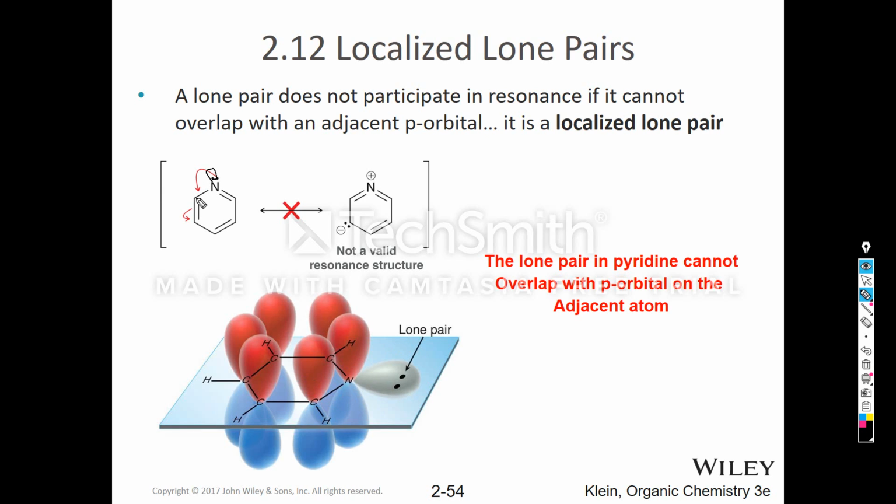And if you look at the pi bond that it is going to conjugate with, if you want it to conjugate, this pi bond is made up of p orbitals that are perpendicular to this plane. So this p orbital is perpendicular to the lone pair that you see on this sp2 hybridized nitrogen.